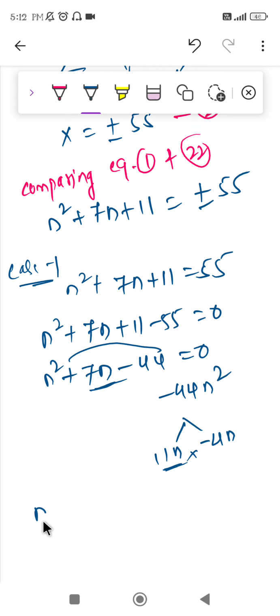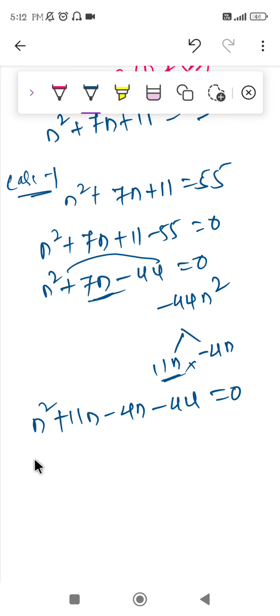Now this one we can write as n square plus 11n minus 4n minus 44 is equal to 0, and if we take n common, then n(n plus 11), and minus 4 if we take common, then it will be (n plus 11).